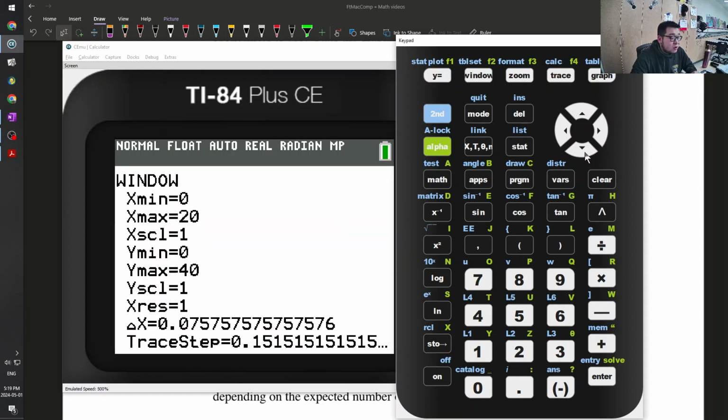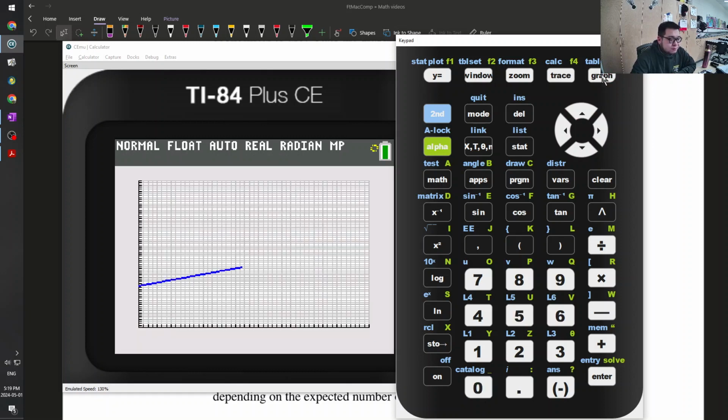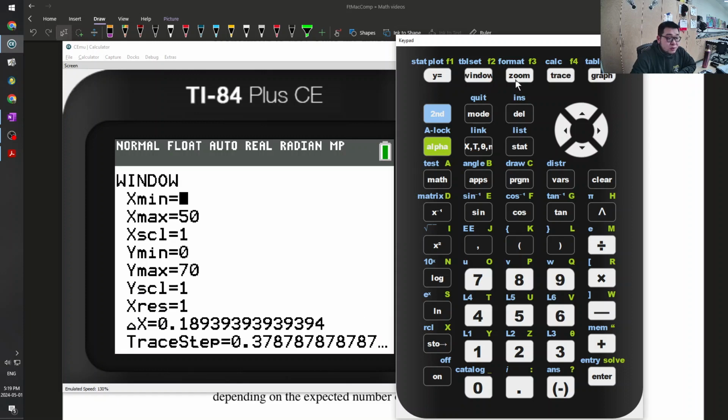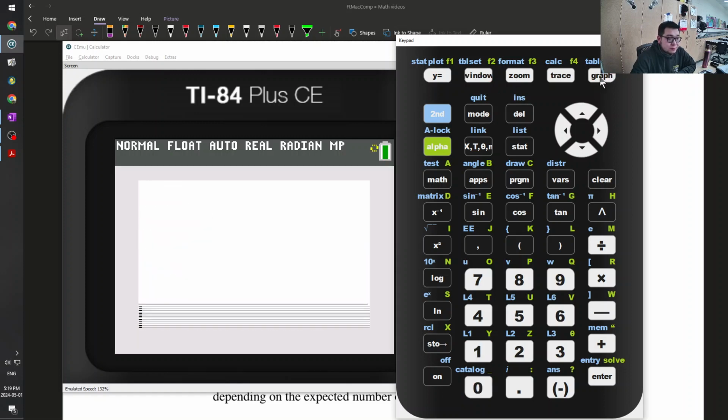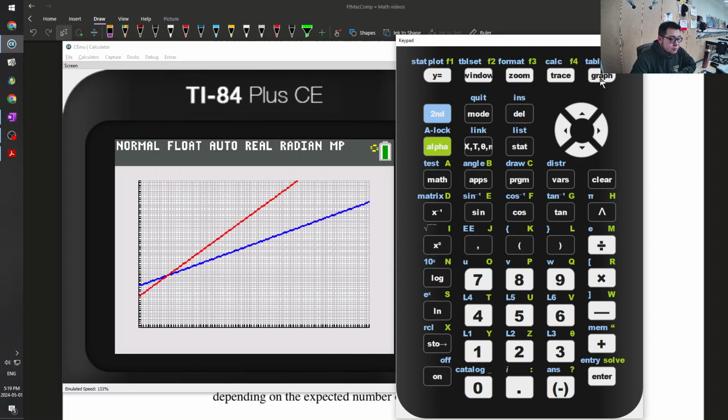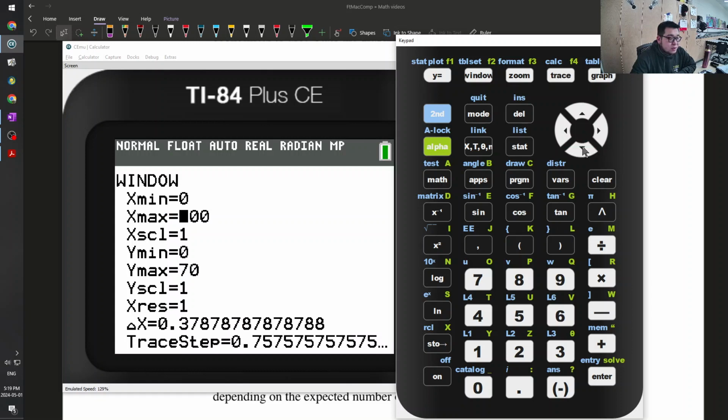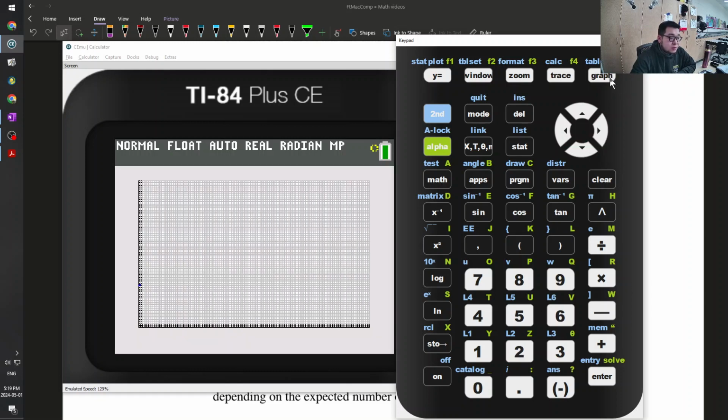So for my Y value, I'll change my Y max to 70, and I'll change my X max to maybe, I think 50 should work. Okay, it won't. I have to make my X max even bigger. Let's do 100. Okay, and that's barely hitting. Let's do 110 or 120.